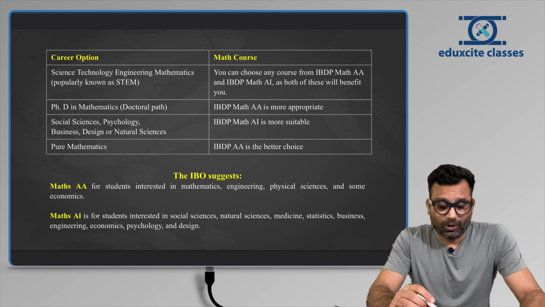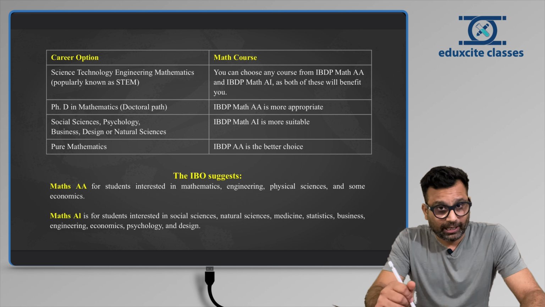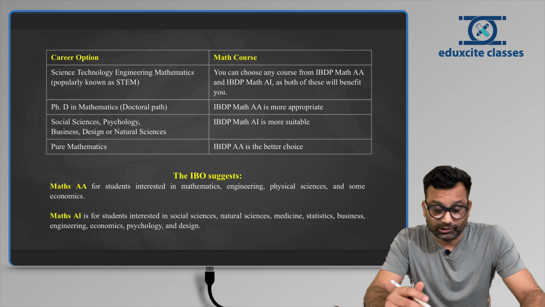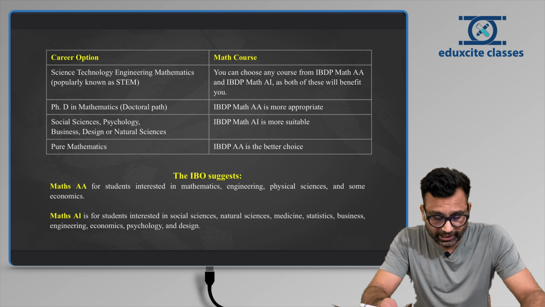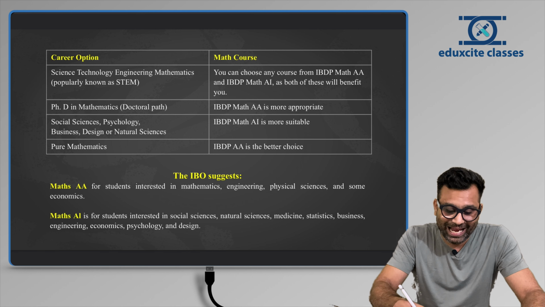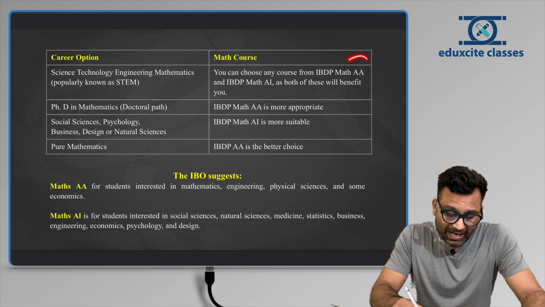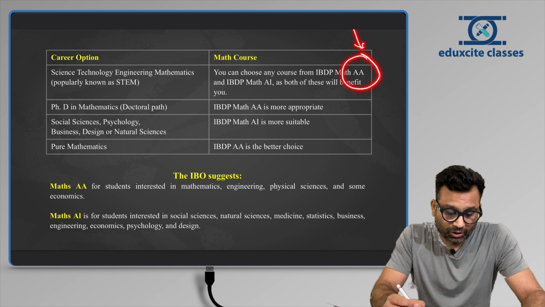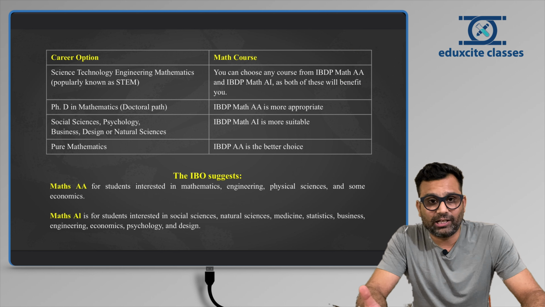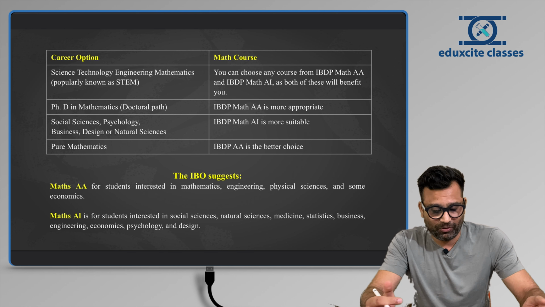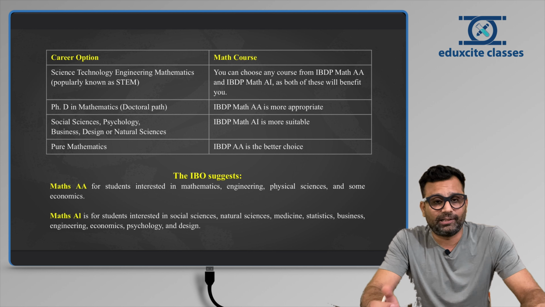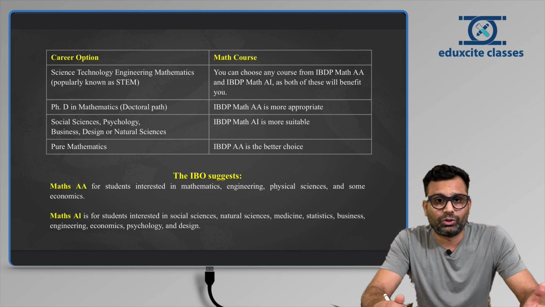If we go for the career option, and I relate those career options with the math course, this is the most important thing. If you are going for science, technology and engineering, you can choose math AA, and even AI, but AA will give you more scope for engineering, because if you see the content of higher engineering mathematics, it is more towards analysis and approaches.